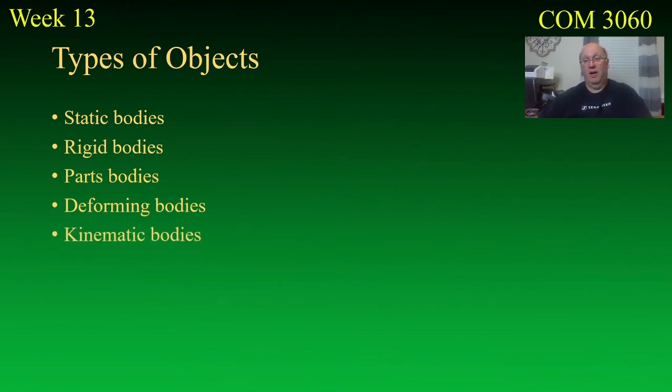Now, a kinematic body is kind of like a cross between a static body and a rigid body. A kinematic body, you can animate that, you can move it. You can't really declare motion on a static body or a rigid body because the computer will be in conflict. It'll say, hey, wait a minute, I can't move that, it's static. Or if it's a rigid body, it'll say, hey, this is a force other than gravity working on this.